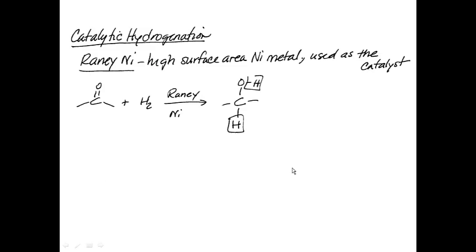So we can actually prepare alcohols by reducing carbonyl compounds. And there's two ways to do it. The first would be to think of the carbon-oxygen double bond as if it was a carbon-carbon double bond. How did we reduce carbon-carbon double bonds down to carbon-carbon single bonds?